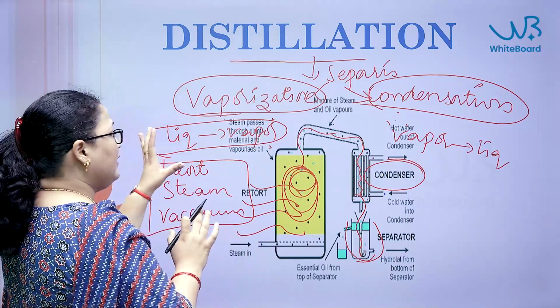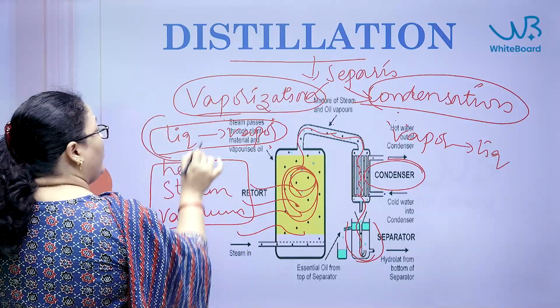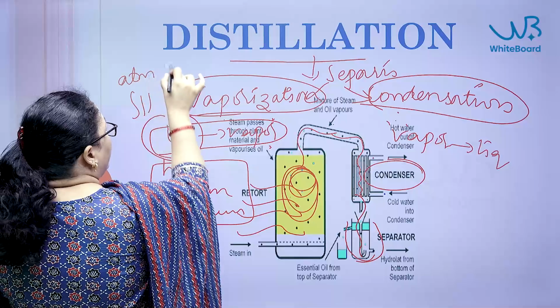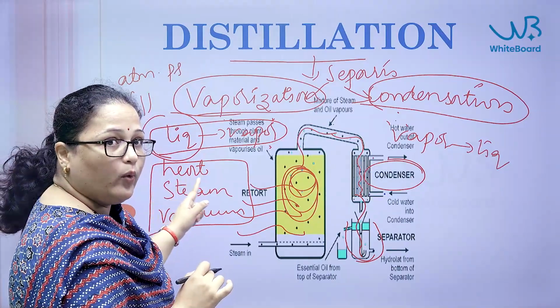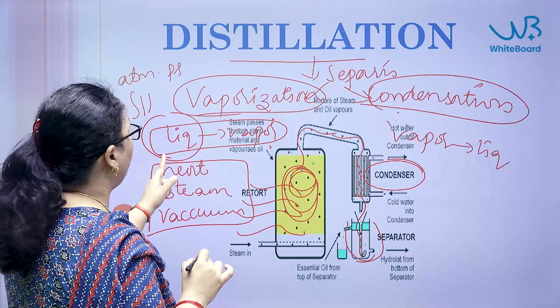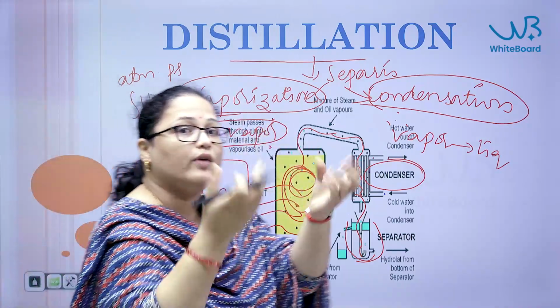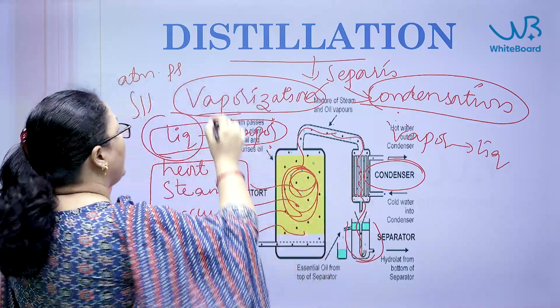But the liquid will be converted into vapor only when the liquid's vapor pressure is equivalent to the atmospheric pressure. So when the vapor pressure of whatever liquid components you are using is equivalent to the atmospheric pressure, only then will the liquid start boiling, and during this boiling process, what will happen?